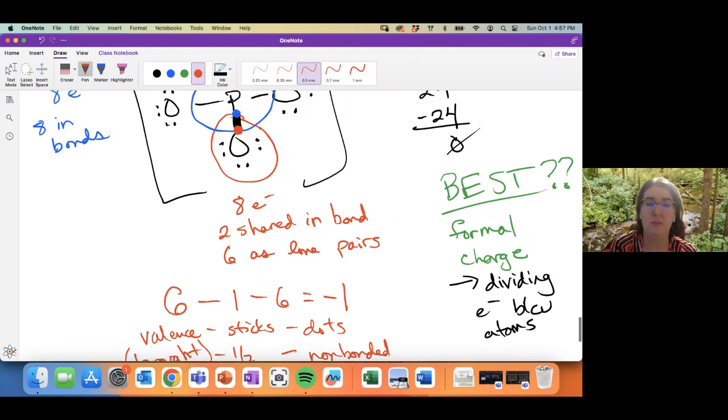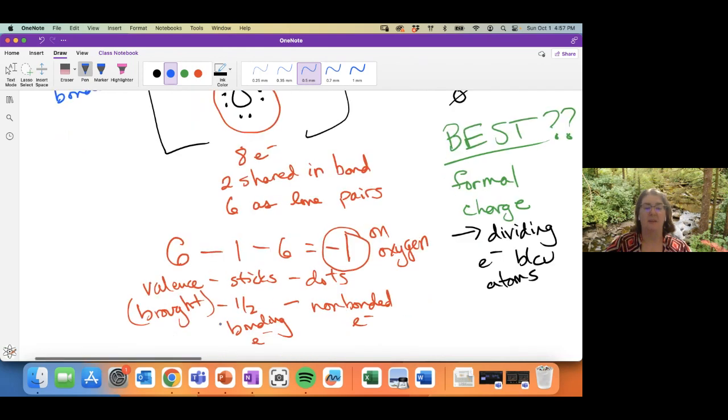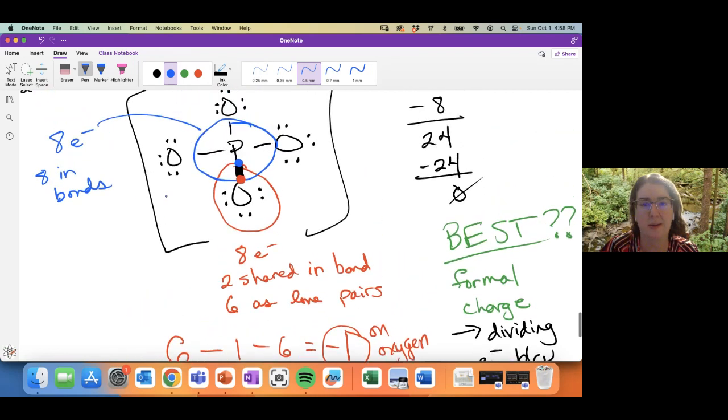So all the oxygens have a -1 formal charge. Sorry that formula looks weird, because there are 2 different formulas in there. I'll just say that apology and move forward, and if you have questions about it, we can always circle back.